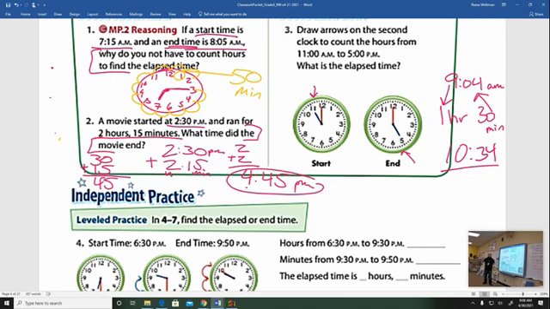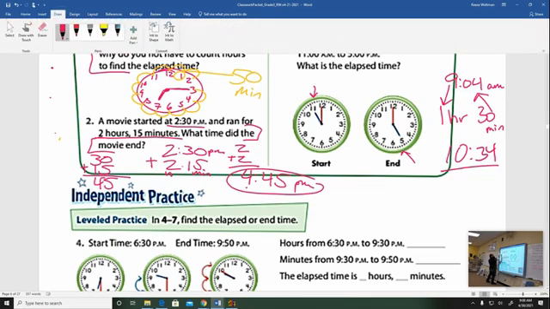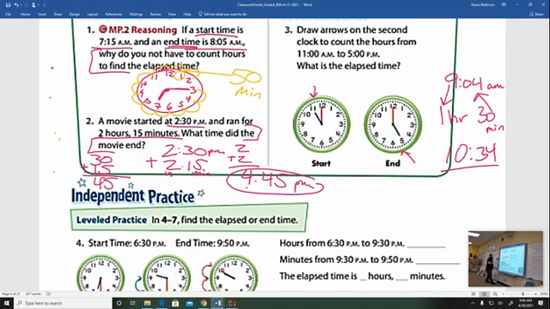We'll do our hour counting on the outside like we did before, not the minutes like this one, but hours instead. And let's do it with a different color. So we're starting at 11 o'clock right here. 11 to 12, 1, 2, 3, 4.